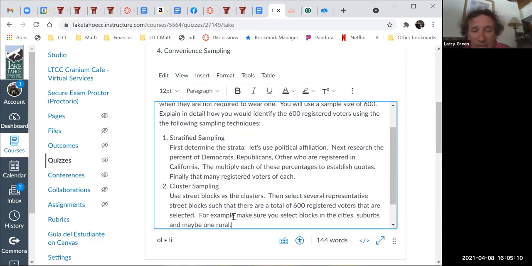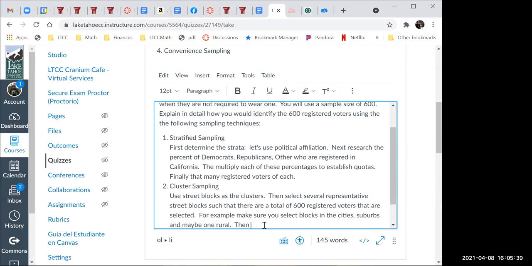Any questions on that? And then what's the final thing? What's the last thing to do? It's actually the hardest part in the real world. Getting people to actually answer the survey.